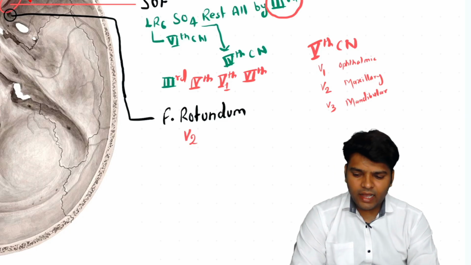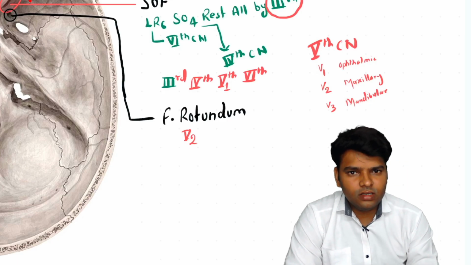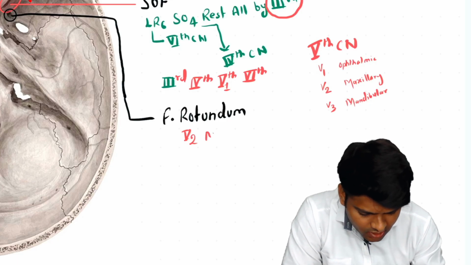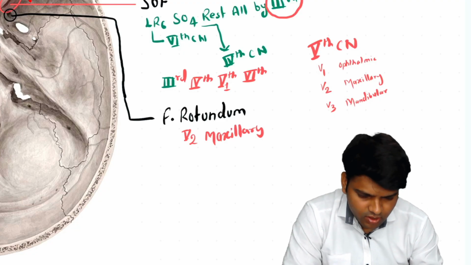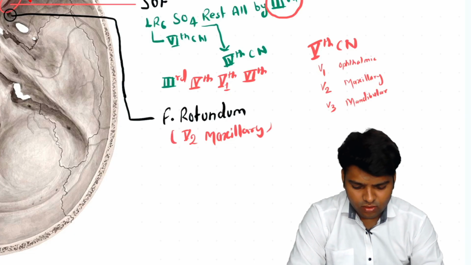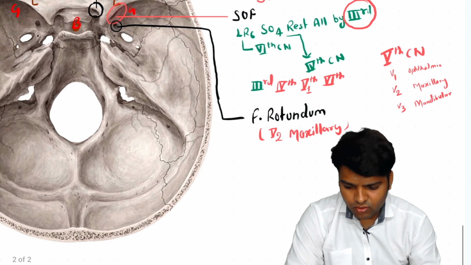V2 means the second branch of the trigeminal nerve, the maxillary nerve. This passes through the foramen rotundum.